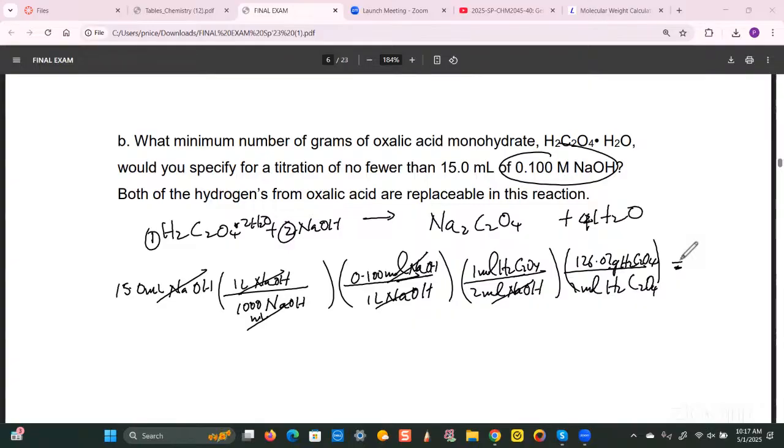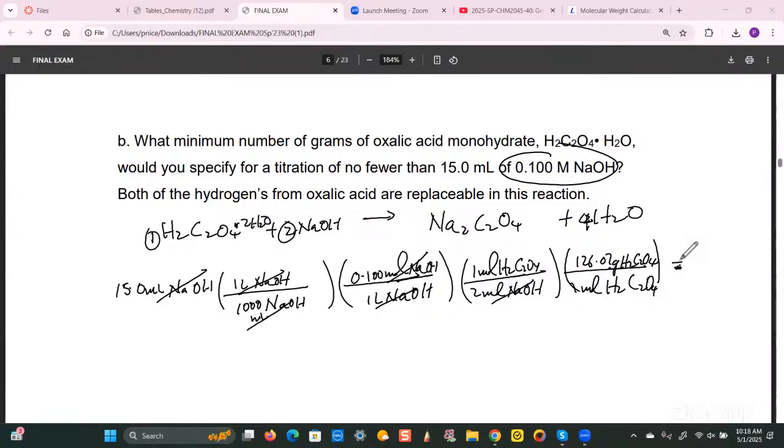Okay, so let's do the calculation here. 15 divided by 1000 times 0.1 divided by 2 times 126.07. Oh, I did that wrong. 15 divided by 1000 times 0.1 divided by 2 times 126.07.